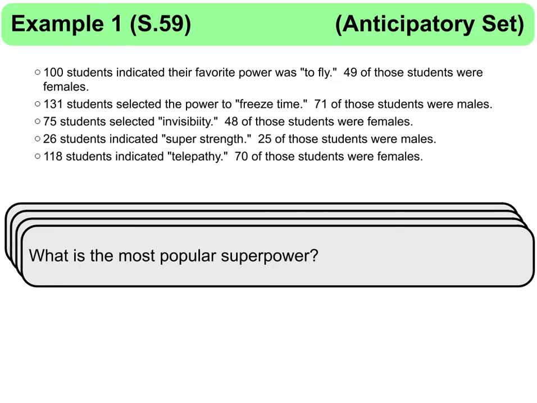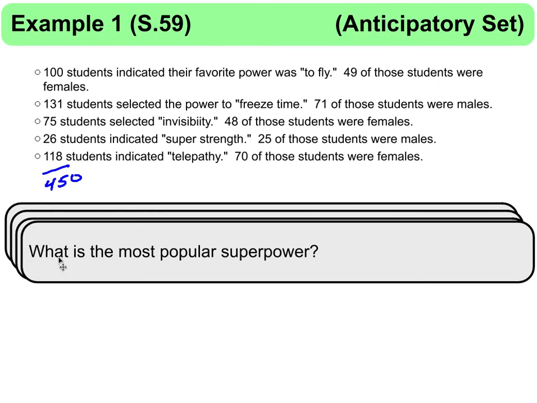So we know already that this data is a sum of 450 different surveys, and we know that some of these are broken up by totals and then over here broken down by females. So if we just look at the questions, it says what is the most popular superhero power? And by looking at it, we have 100, 131, 75, 26, or 118. So the students might say their most popular superhero power is freeze time.